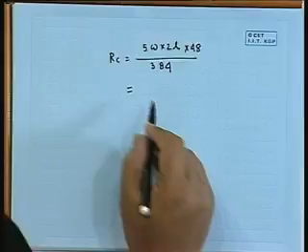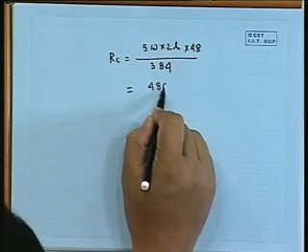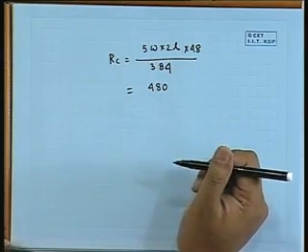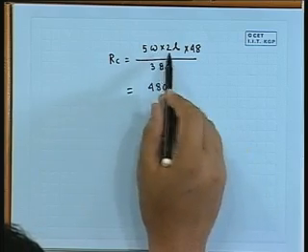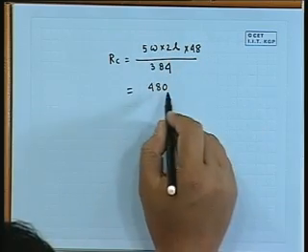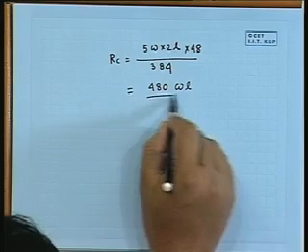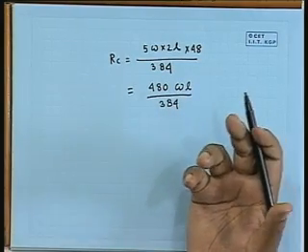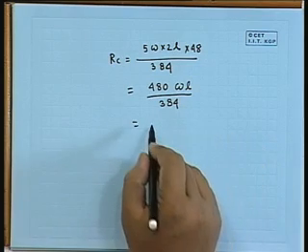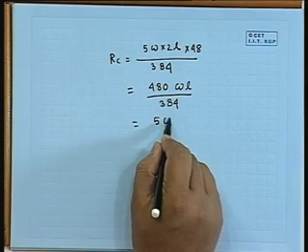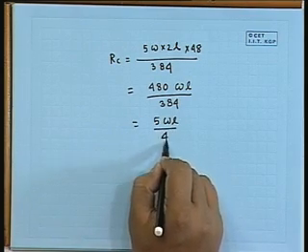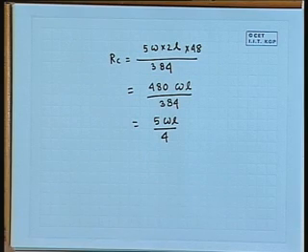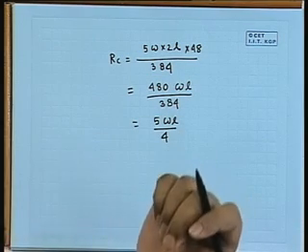So it will be 480 on the numerator, because 5 into 2, 10, 48, it will be omega L divided by 384. I am sure it can be reduced further. It will be 5 by 4, right. So that will be its reduced form.